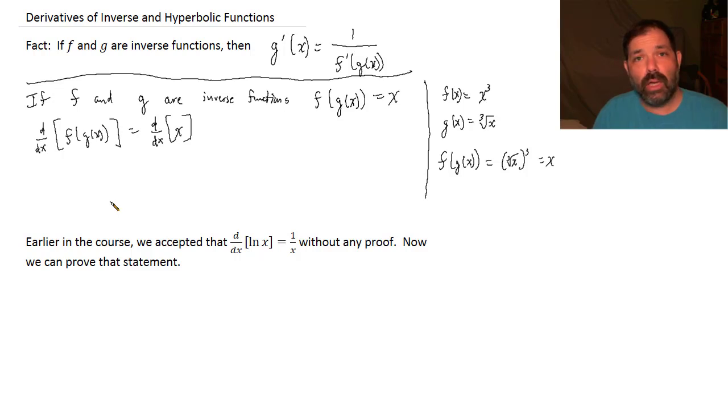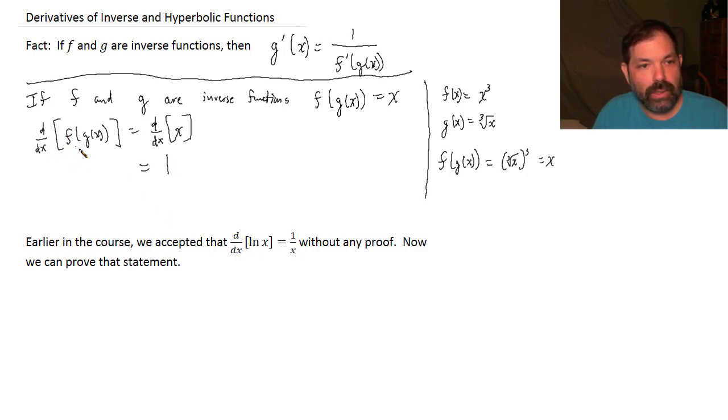On the left-hand side, what do we need to do here? Think about that for a moment. On the left-hand side, we must apply the chain rule. The right-hand side is relatively easy. d by dx of x is just 1.